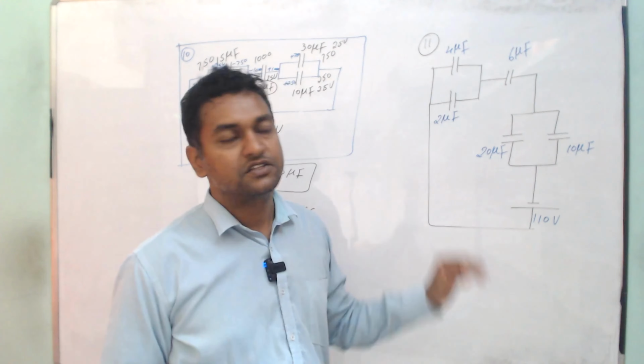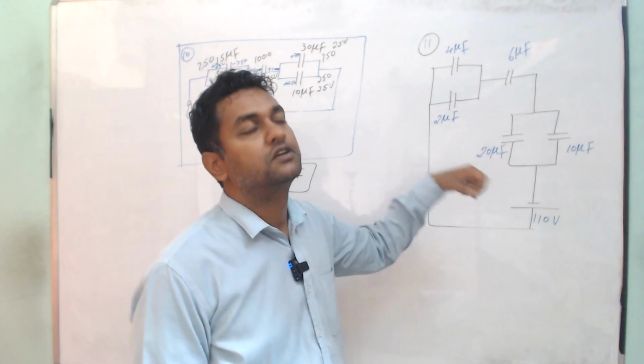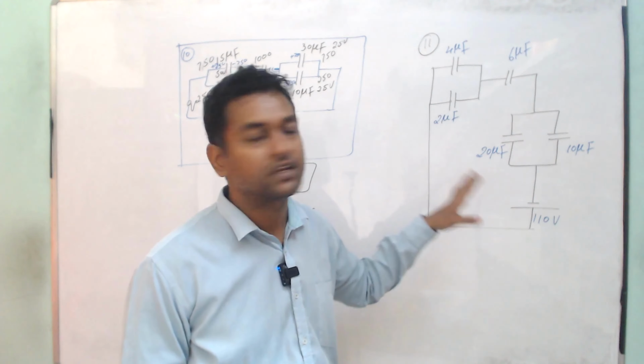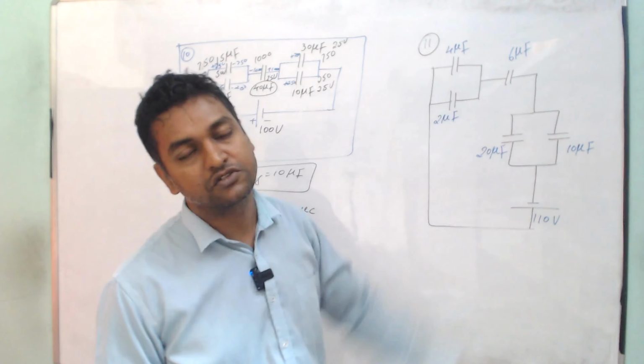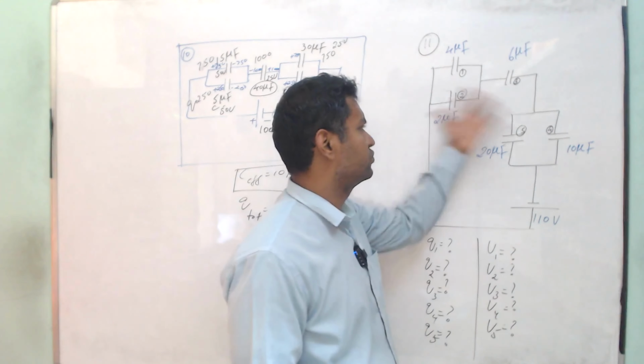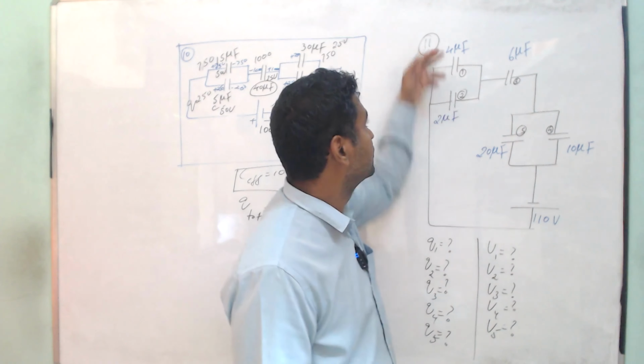Find the charges on each capacitor, the charge sign convention of each capacitor, where positive, where negative, also the potentials on each capacitor. So I drew the thing differently, but actually it's the same.